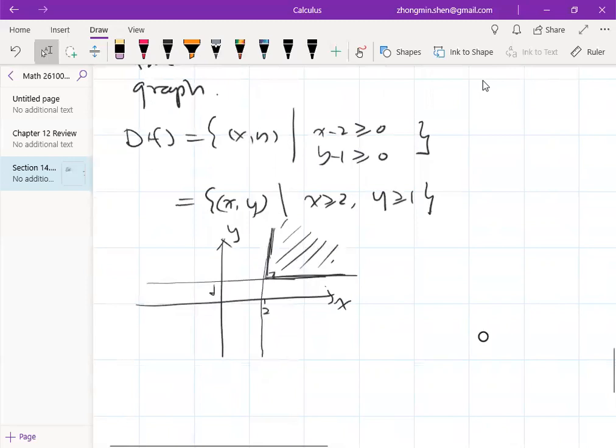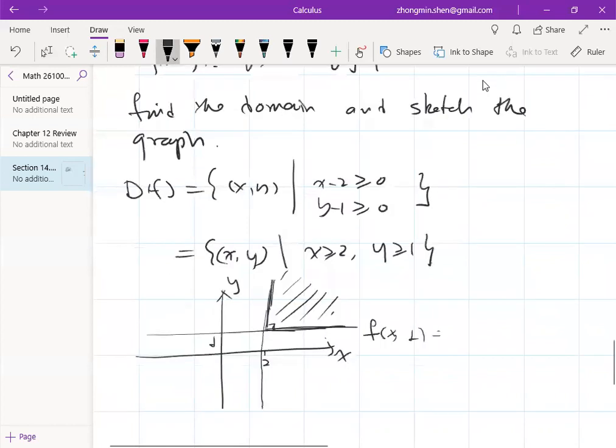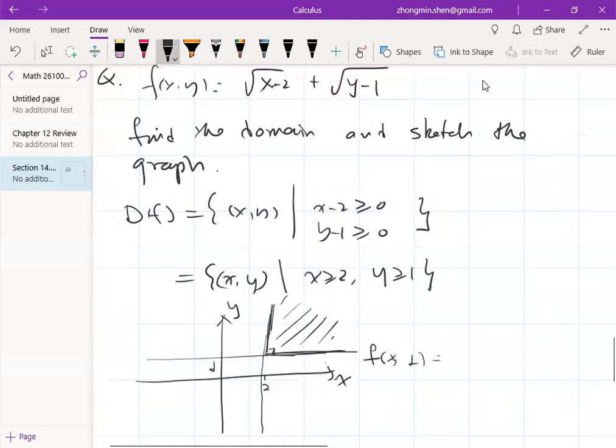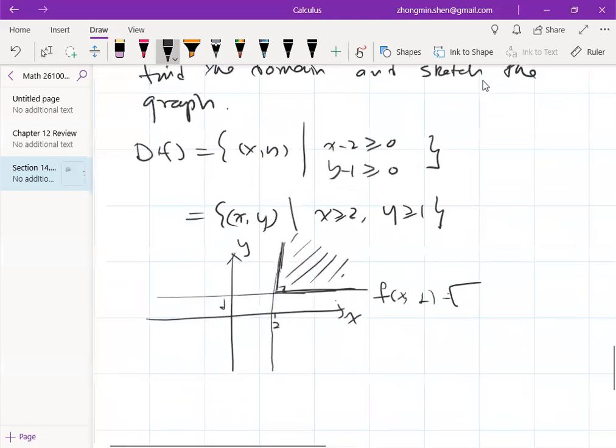Along this side, y is 1 and x is not fixed, so f is just the square root of x minus 2.